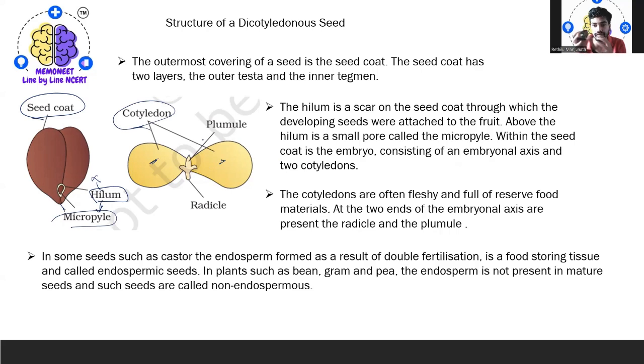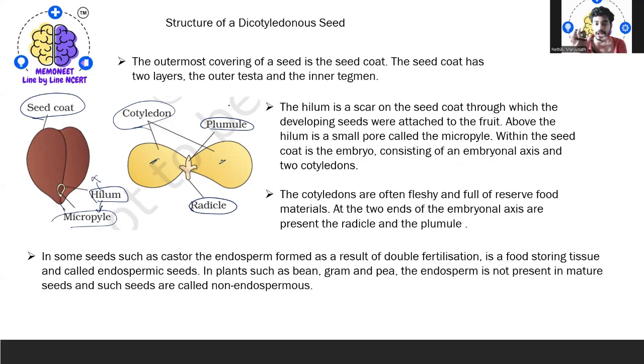At the two ends of the embryonal axis are the radicle and the plumule. In some seeds, such as custard apple, the endosperm formed as a result of double fertilization is a food storing tissue, and these are called endospermic seeds.